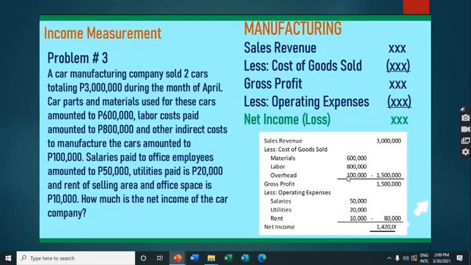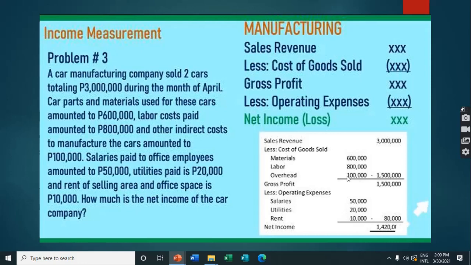Ayan. Salaries paid to office employees amounted to 50,000. Utilities 20,000, and rent of the selling area and office space is 10,000. So, how much is the net income of the car company? So, ganito mo siya i-solve sa manufacturing business.